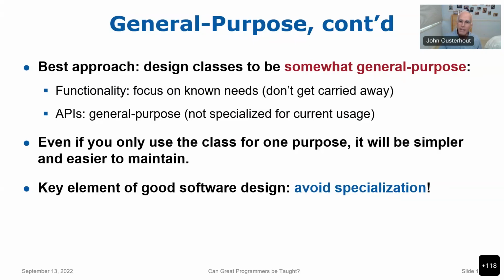This is just an uncanny discovery to me. Again, I'd programmed for more than 30 years before I figured this out, when I was actually teaching the class and seeing students do things in different ways that suddenly made this very clear to me. And this is part of a much more general element of good software design, which is to avoid specialization. So when we think about software design, our overall goal is to manage and reduce complexity.